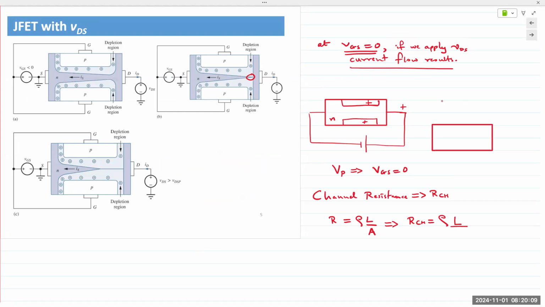So we have, let's say, this is our channel. This would be the width, W. This would be the length of the channel.